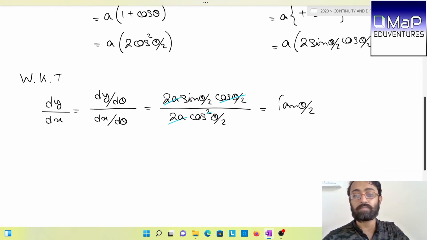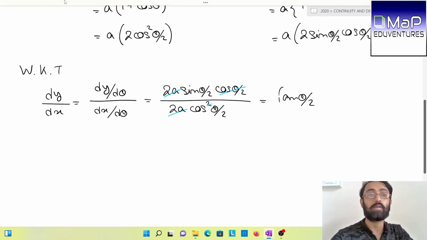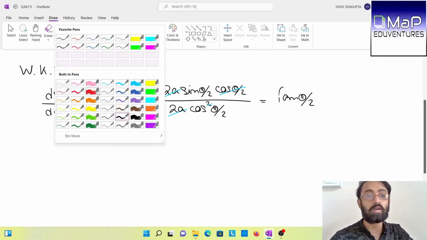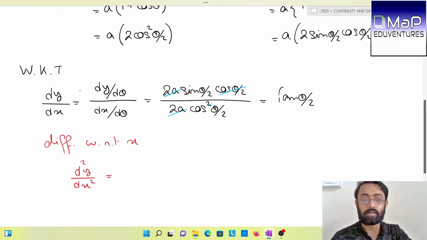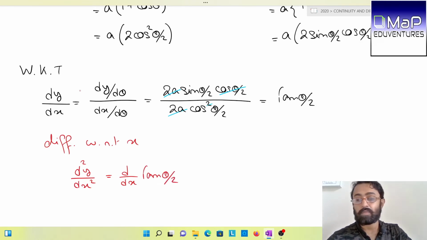Now let us differentiate a second time to get the second order derivative. So if we differentiate, we will have d²y/dx² on the left hand side, and on the right hand side you will have d/dx of tan(θ/2).